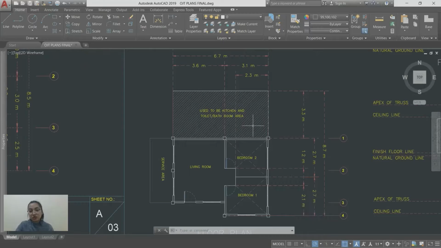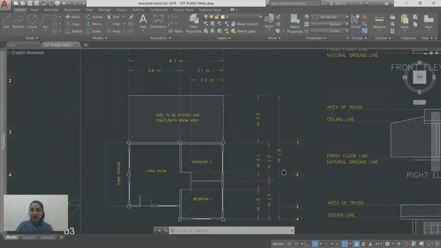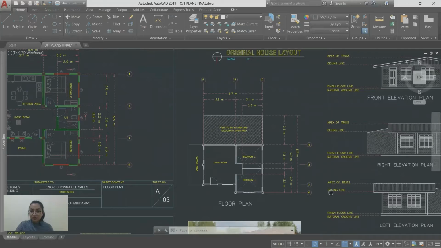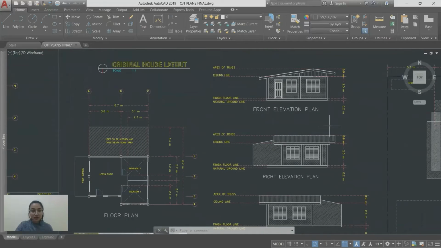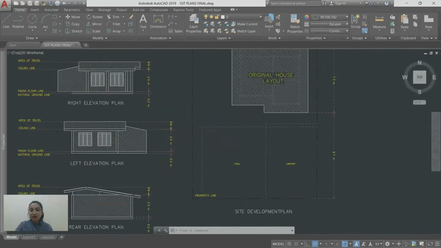And then this used to be the kitchen and toilet and bathroom area, wala na since sinira na nila because they've been planning to have it renovated. And then we have here the front elevation plan, right elevation, left elevation, and rear elevation plan.